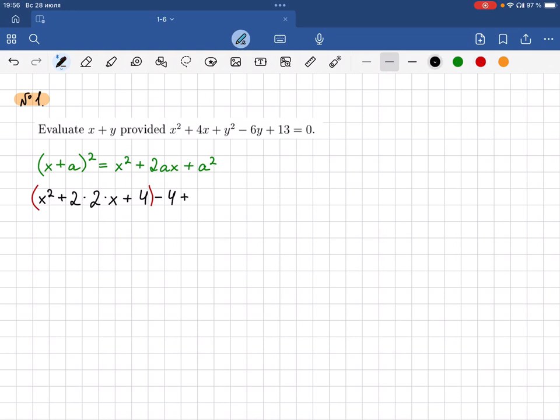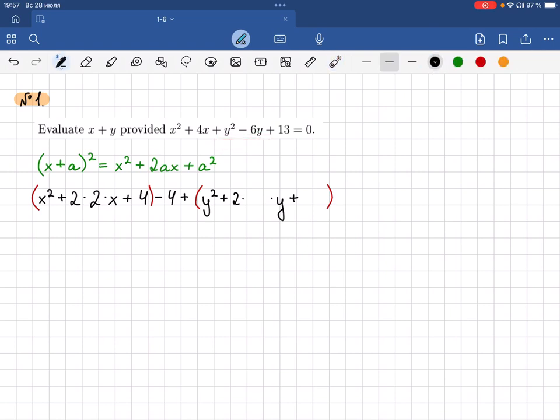Let's also construct a squared sum but with y. y squared plus 2 multiplied by some constant multiplied by y plus a squared. In our initial equation, we have y squared minus 6y.